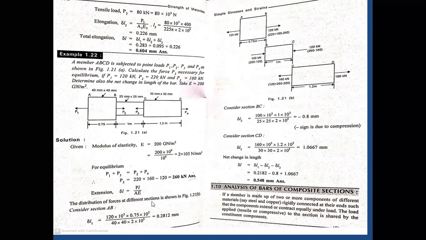Then the next procedure is as usual. For every cross section, we calculate the change in length, and finally the total change in length equals the summation of the individual changes in length. In this problem a negative sign has occurred. Why? Because the middle portion is compressive in nature.